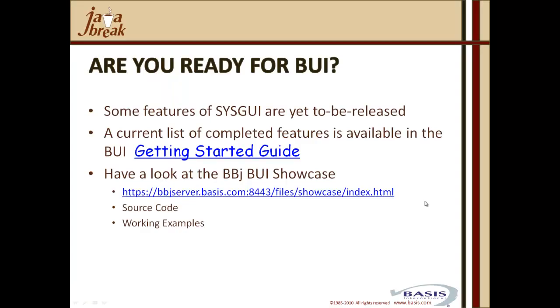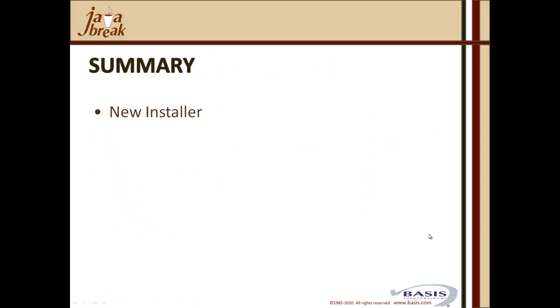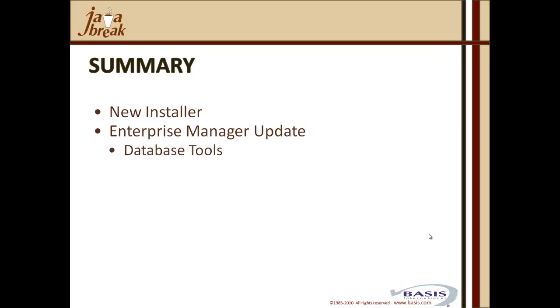Well, we've seen a practical example of how simple it would be to launch your application in a browser. And we've shown you how simple it is to configure that utilizing the system administration features of Enterprise Manager. So let's move on and summarize what we've covered today. We've looked at the new installer. We've looked at an Enterprise Manager update, and I've tried to highlight those features that you would find most useful in improving your productivity, working smarter rather than harder.